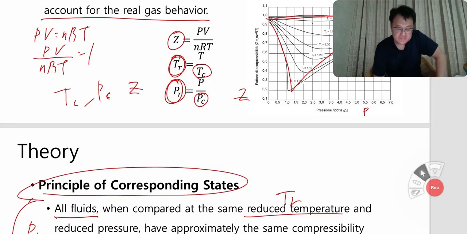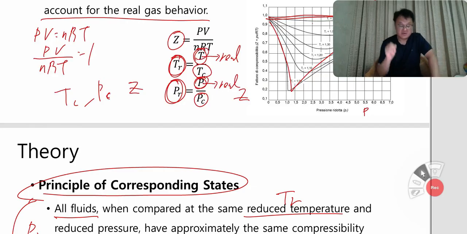Of course, for a given T and P, this is a real temperature and this is the real pressure, different substances should show different compressibility factors.